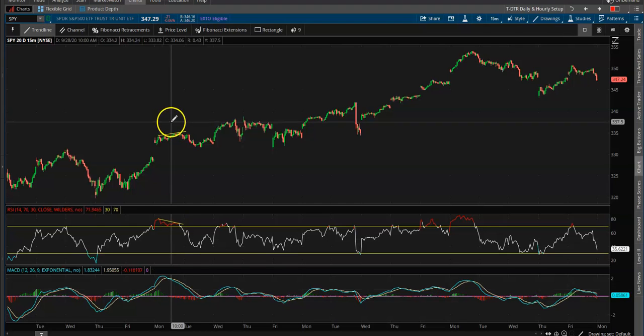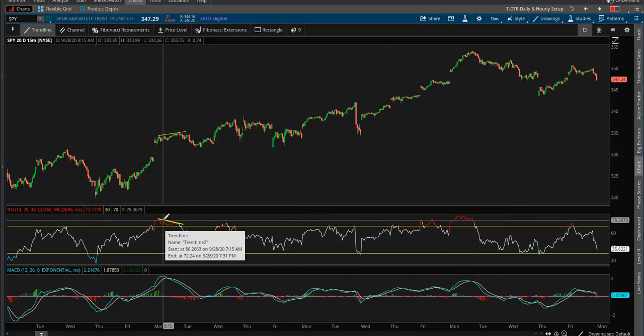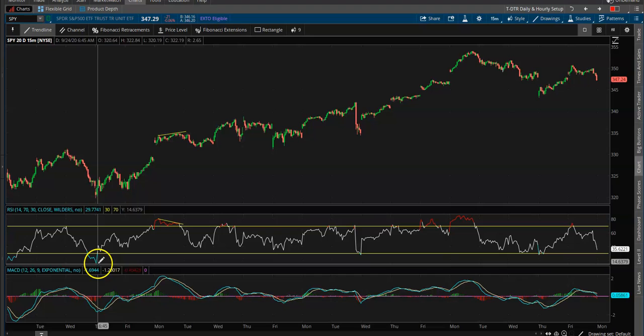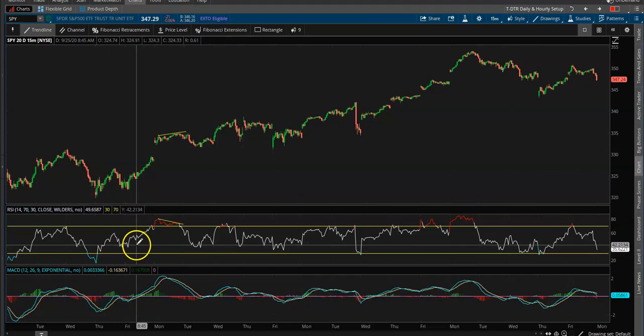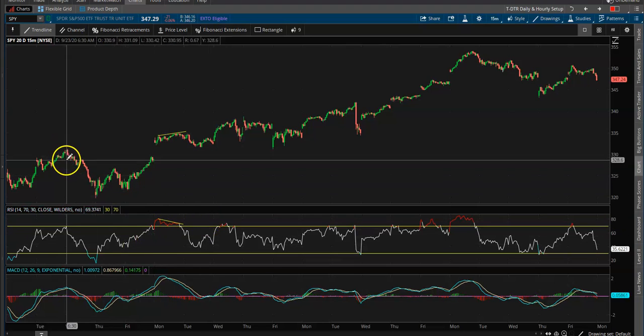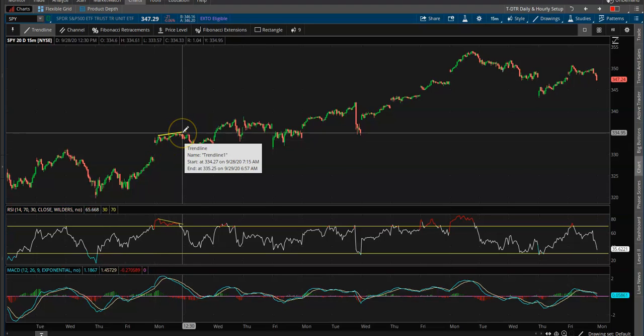But with that being said, I just like the RSI because I'm able to see divergences. Oversold, we're way oversold here. If we came back down and made a new low, I'd potentially be able to see a double bottom, something like that, or overbought levels or divergences.